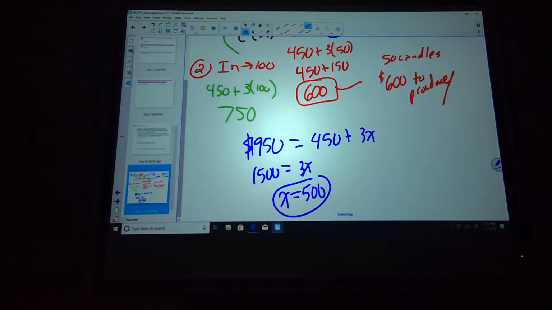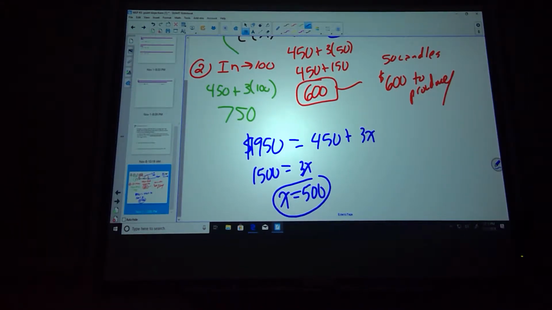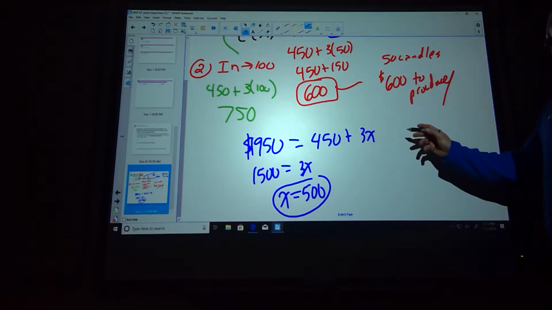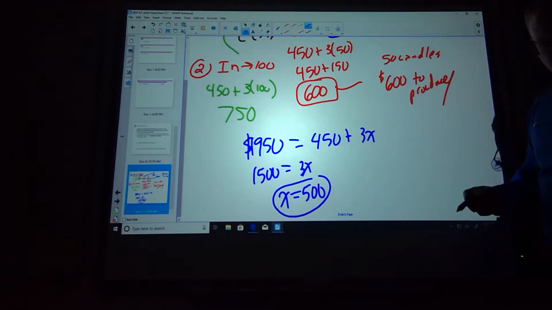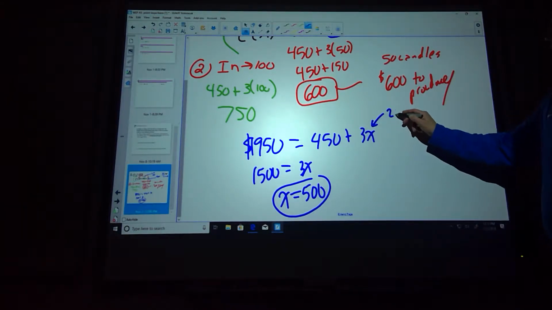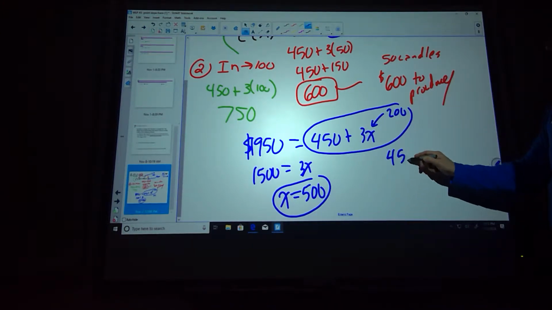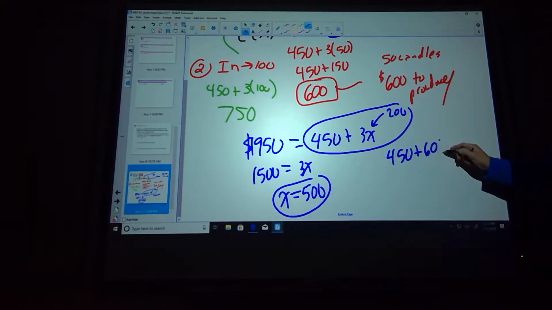Number 5. An employee claims that 200 candles would be made at a cost of $1,000. Does that employee have a good claim? So I'll just plug 200 into this and solve that. That's 450 plus 600, because 3 times 200.